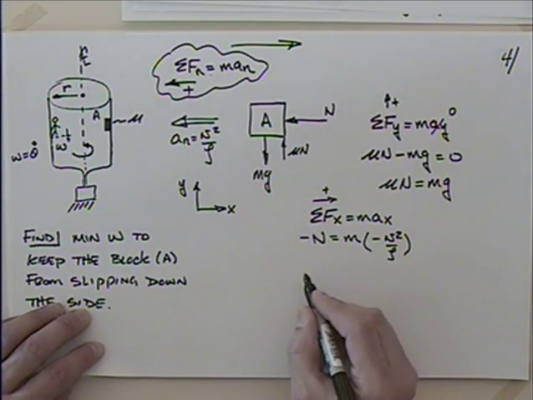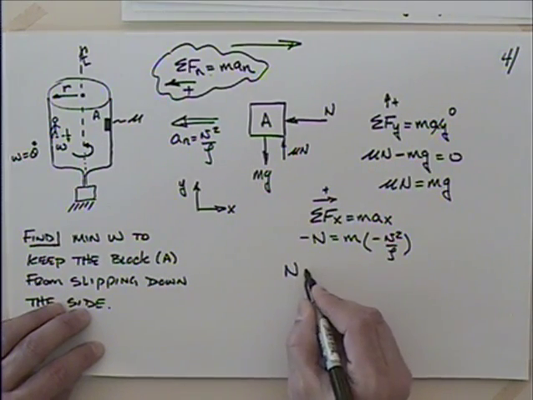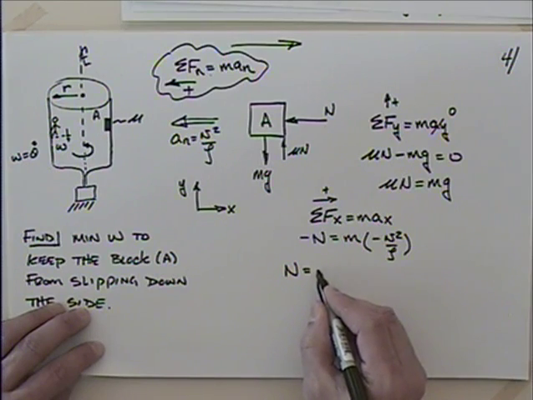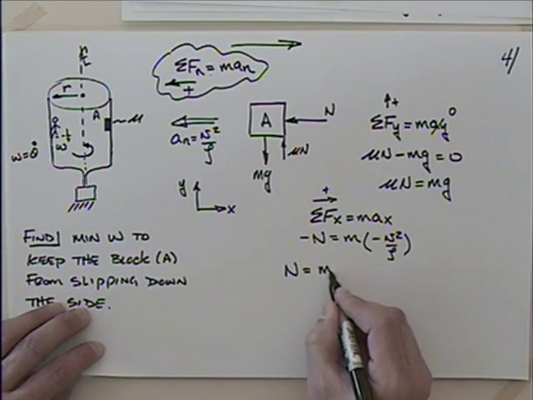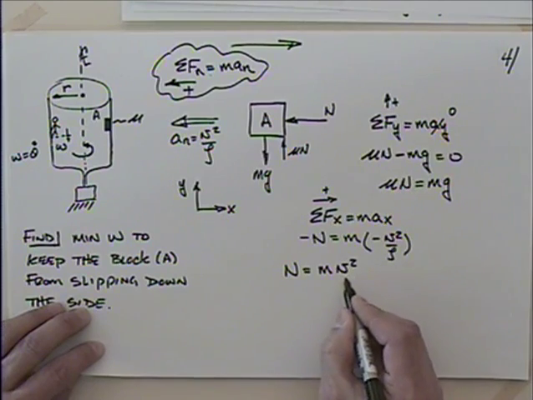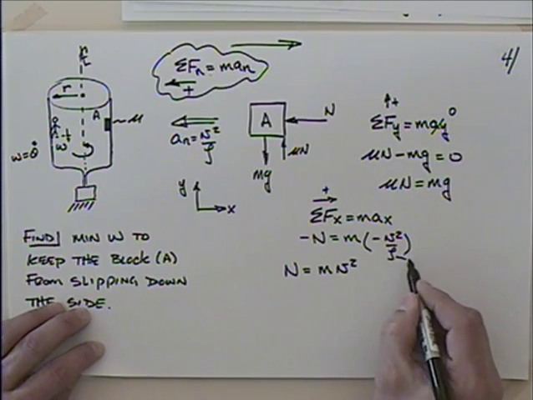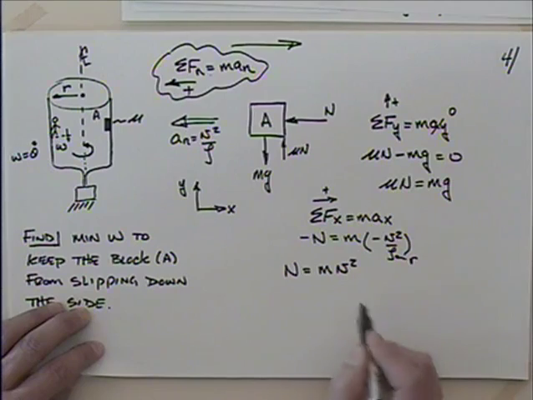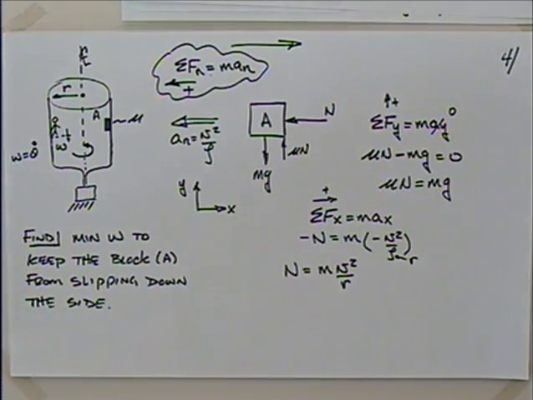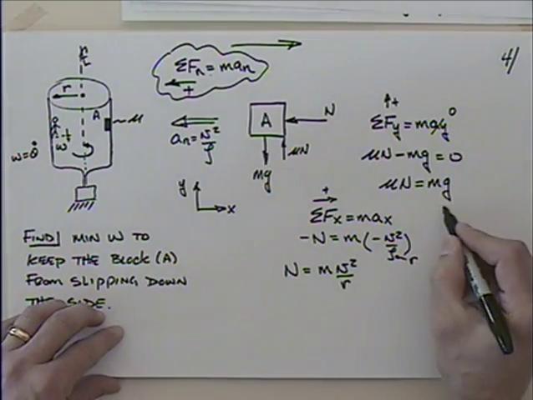So I can say then that my normal force N is equal to the mass times v squared divided by rho, and let's say this is r. So I have v squared over r. Okay, so I multiply it through by -1. And maybe I'll work this one just a little bit more.